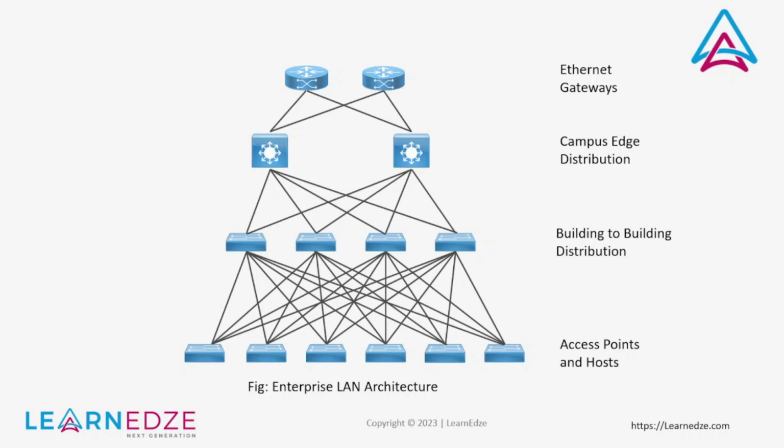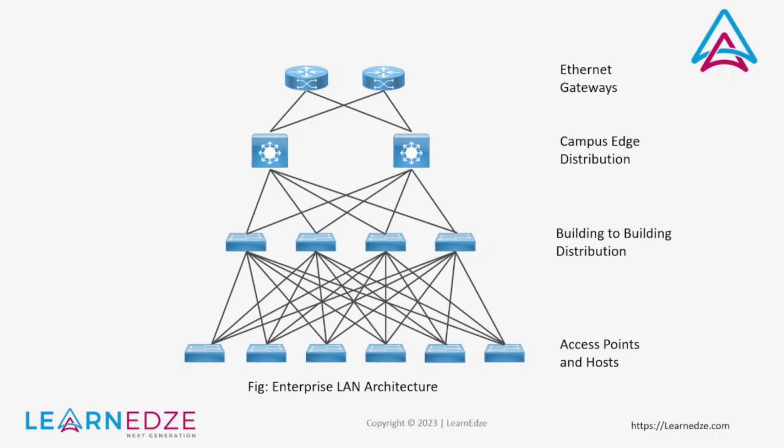Layer 2 switches can process data very fast based on the MAC addresses available in their MAC table. That MAC table can also be called a CAM table. It has the MAC address information of whatever devices are connected on the ports.